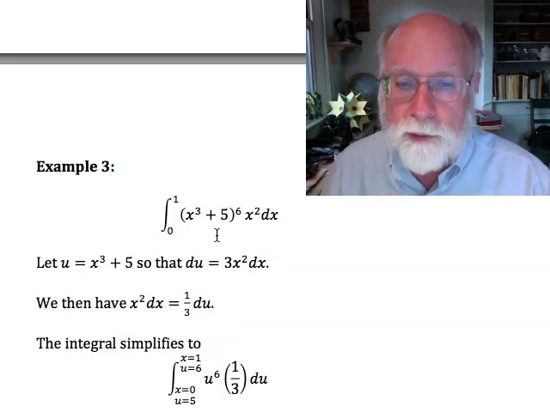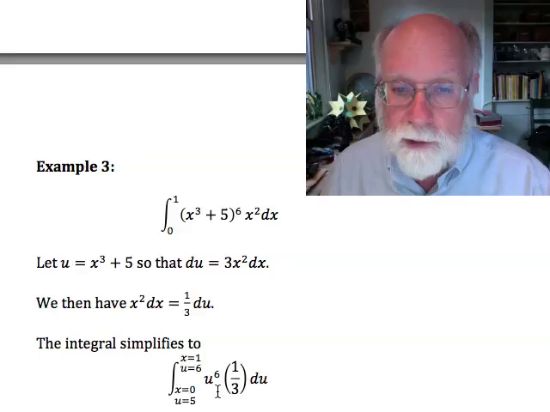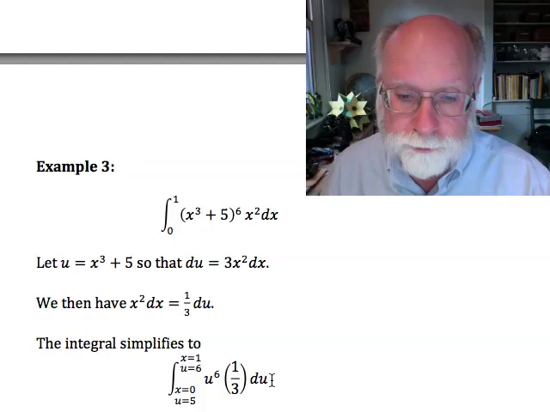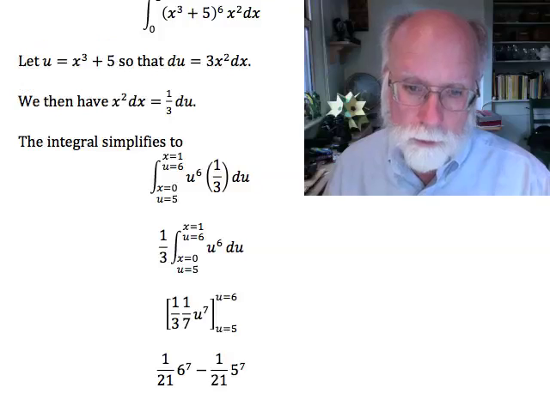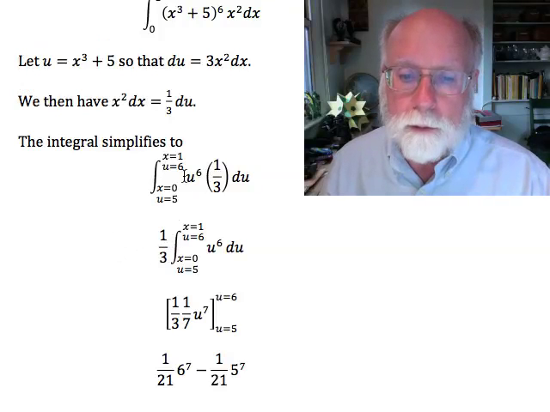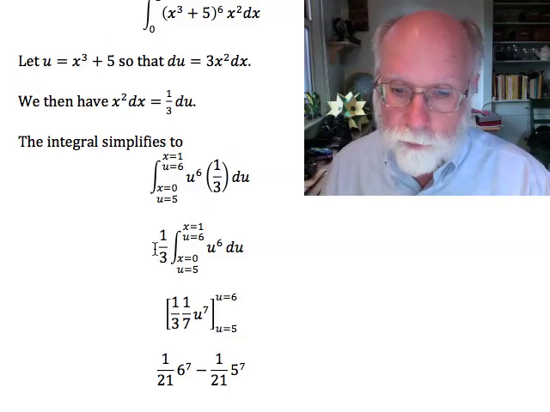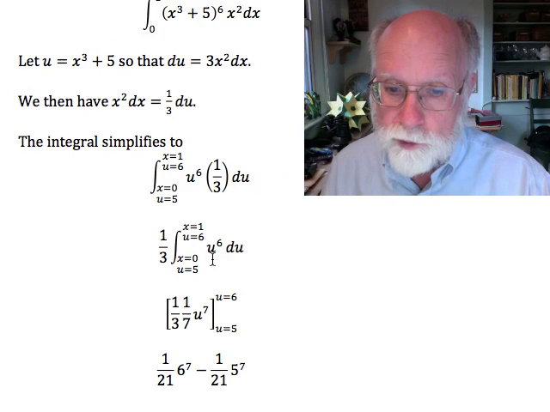And so when we substitute, we get u to the 6th, and then x squared dx is 1/3 du. Now the 1/3 factors out in front because it's a constant, and we're just integrating u to the 6th du.